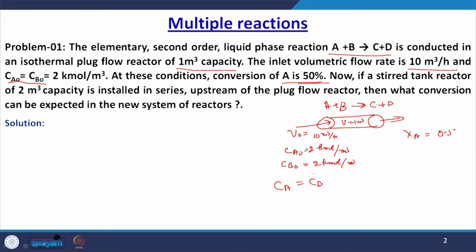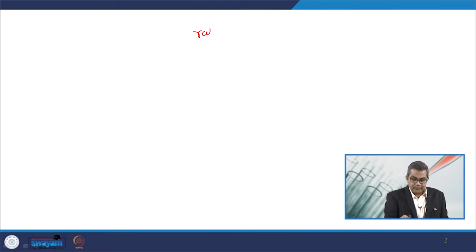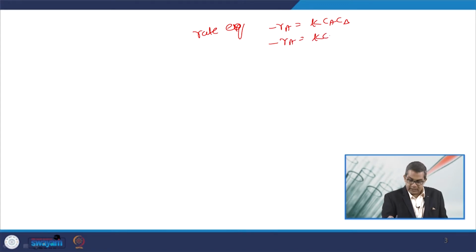For the second order reaction, the rate equation can be given as minus Ra is equal to K Ca Cb, or, because Ca is equal to Cb, minus Ra is equal to K Ca square.